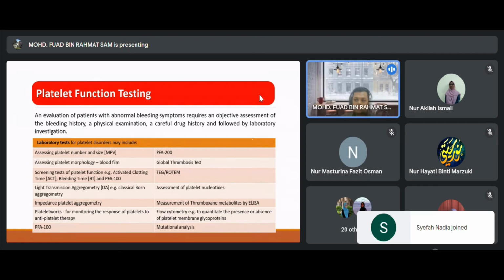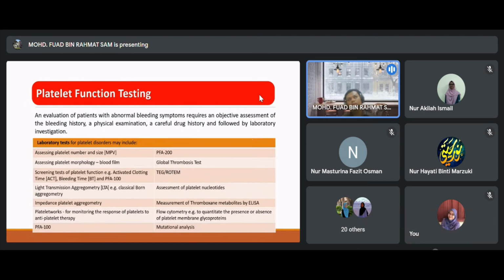Usually when we dapat lab result di hematology or immunohematology punya lab, dia akan keluarkan dalam list tu PT, APTT, TT, fibrinogen. Itu standard. And then sometimes kita akan buat further testing which is involve the platelet function testing. Okay, when we talk about platelet function testing, is nothing to do with the coagulation punya factors.